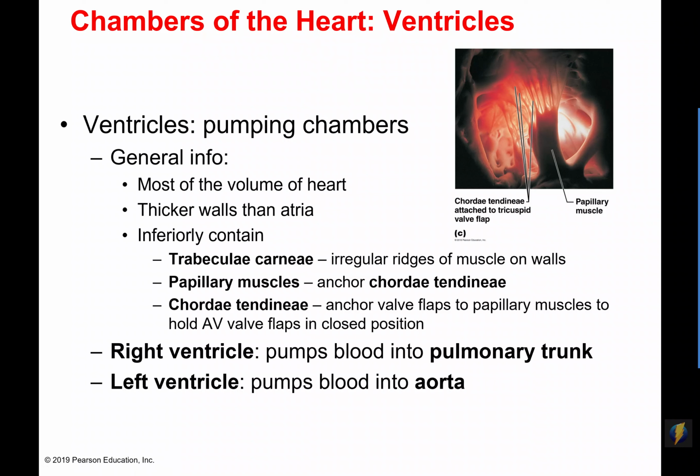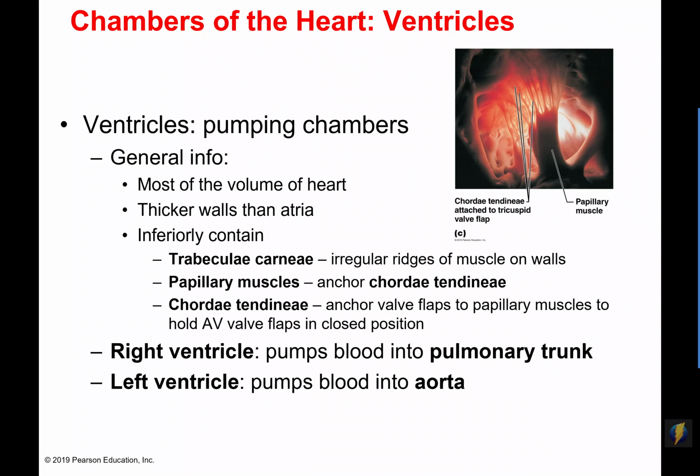The ventricles are the pumping chambers of the heart. Again, they take up most of the volume of the heart. They have much thicker walls than the atria. You'll also see these ridges of muscle on the walls called the trabeculae carneae. And you'll also see these 2 very large papillary muscles, which anchor what are called the chordae tendineae. And the chordae tendineae are essentially heart strings, if you've ever heard that before.